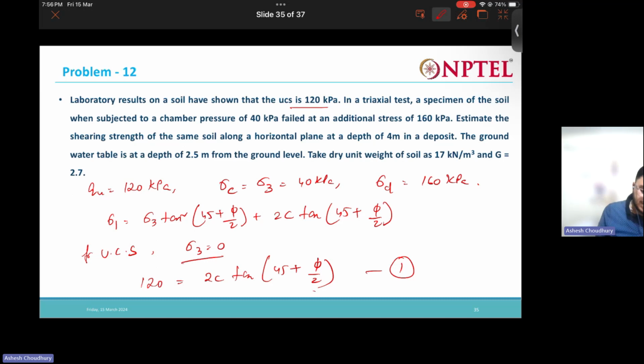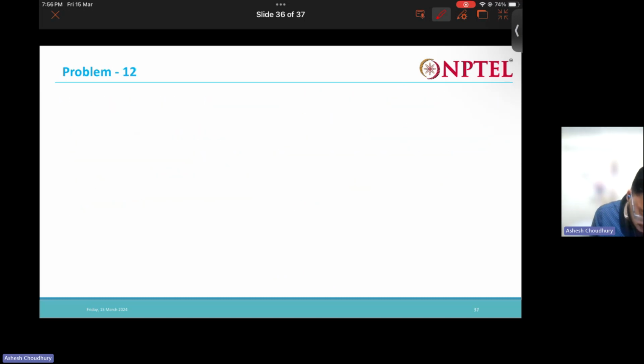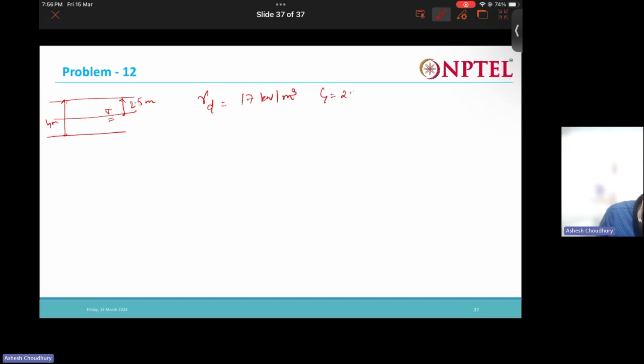Now estimate the shearing strength of the same soil along the horizontal plane at a depth of 4 meter in a deposit. Okay, so we have something like this, 4 meter, and at 2.5 meter here we have the water table. So dry density is given as 17, the G is 2.7.